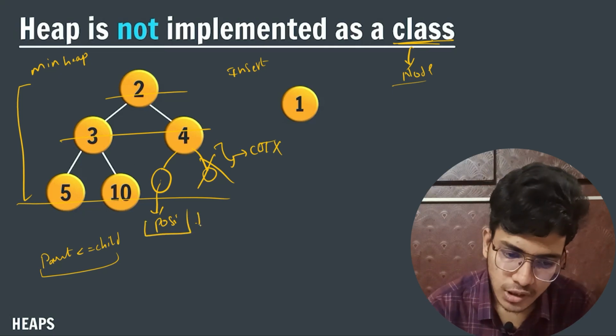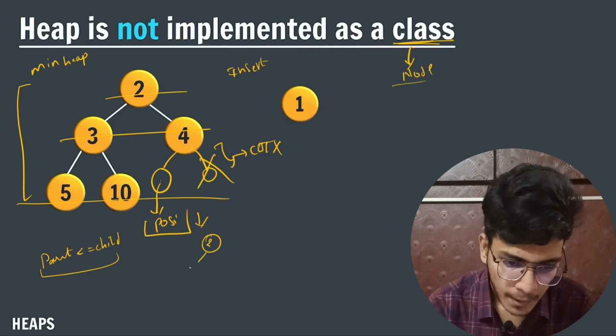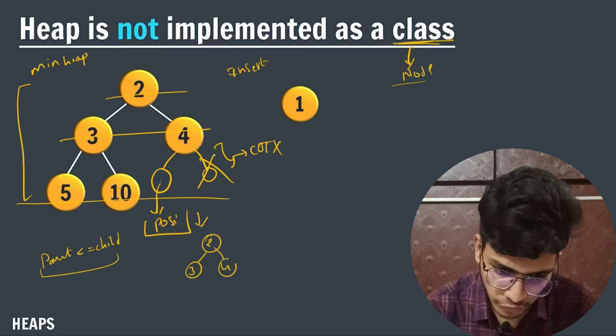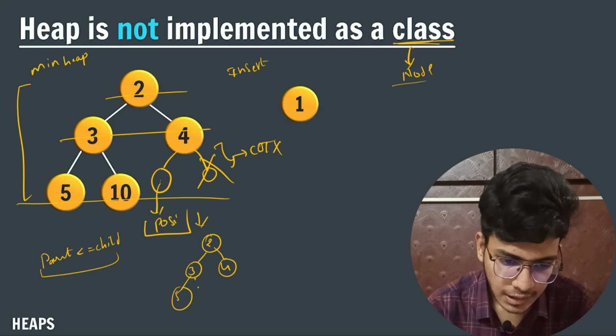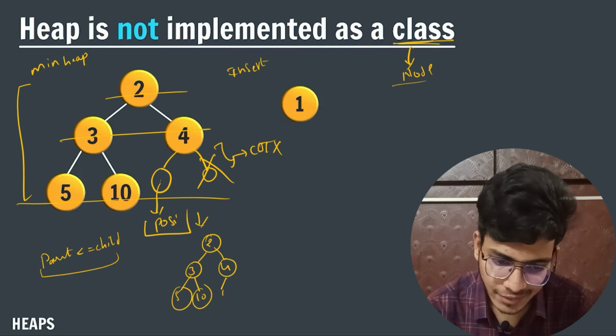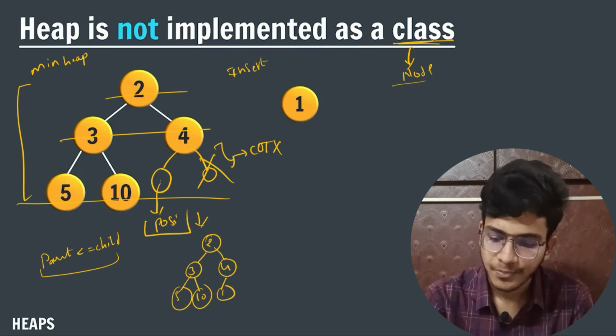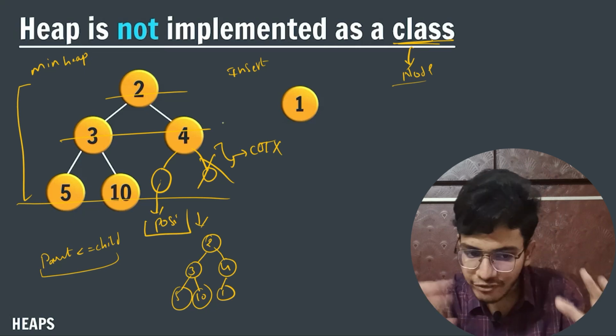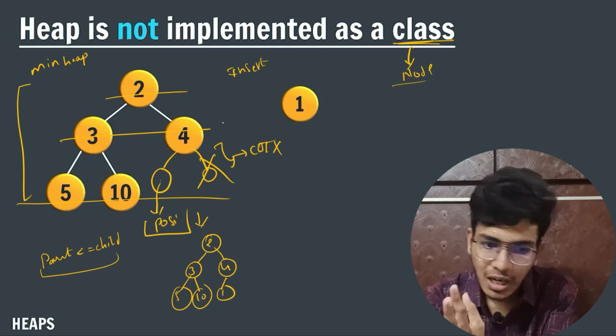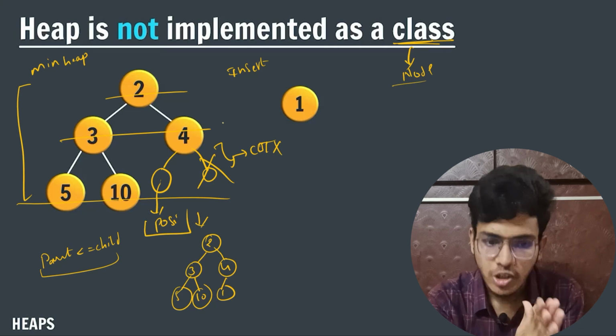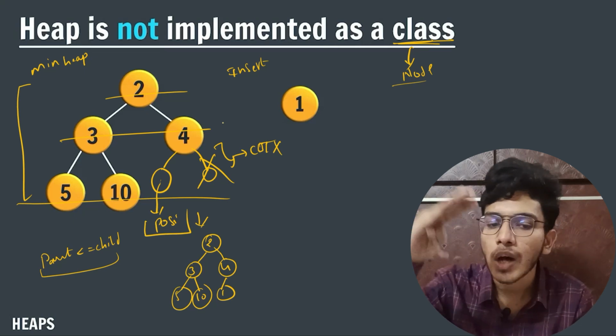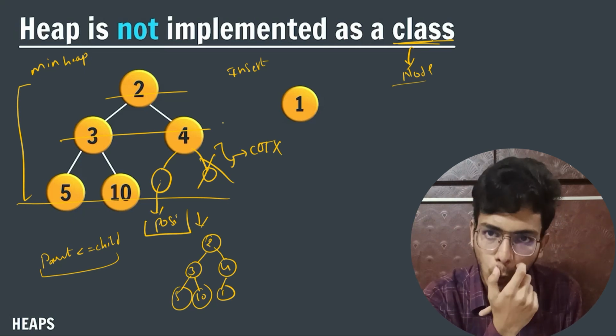So what I will do is that I will add 2, 3, 4, 5, 10, and I will add 1. To add this on the last element left side in a sequential manner, I need to iterate each and every node.